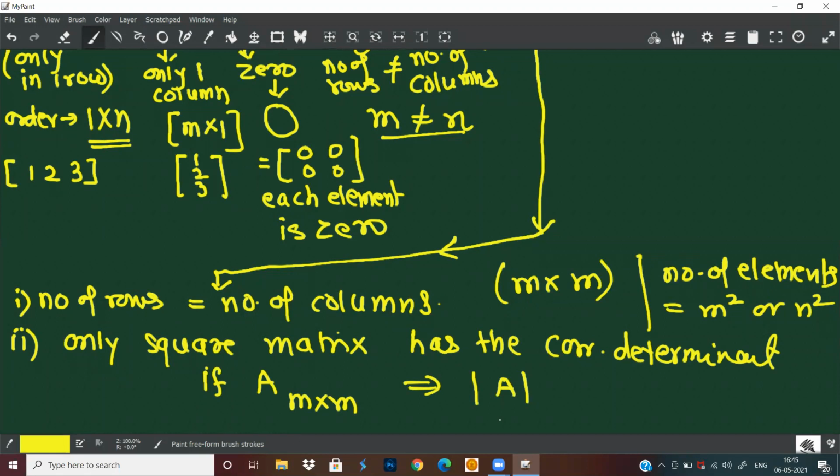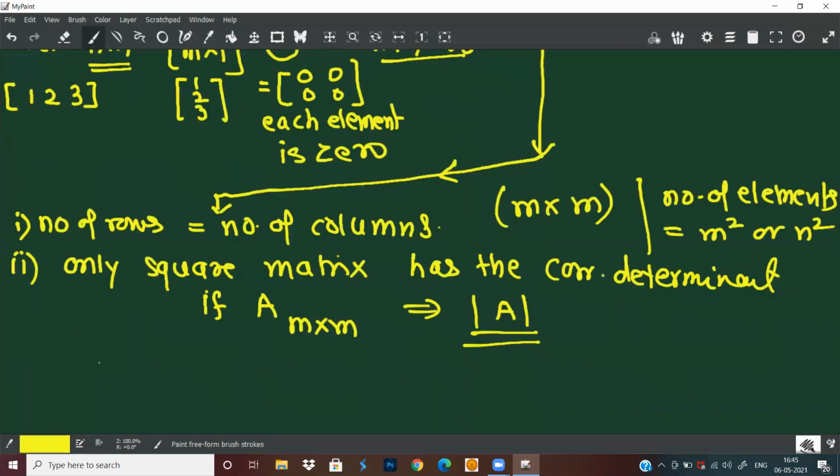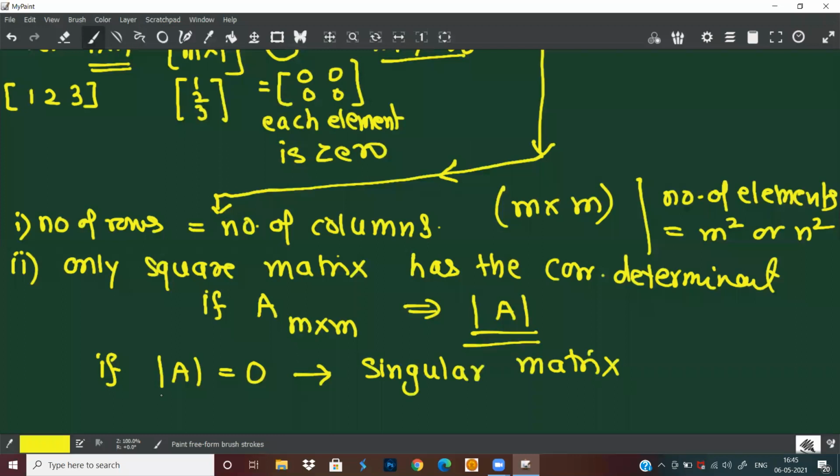Okay? This will be the determinant of the square matrix A. All right? Now if the value of the determinant is 0, then it is called a singular matrix. And if the value of the determinant is not 0, then it is called a non-singular matrix.